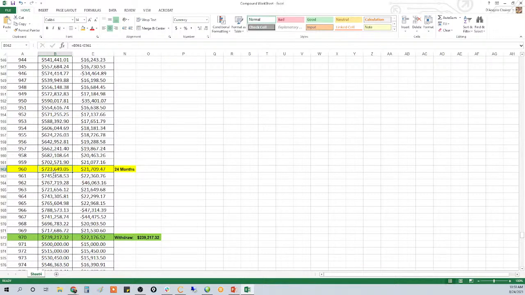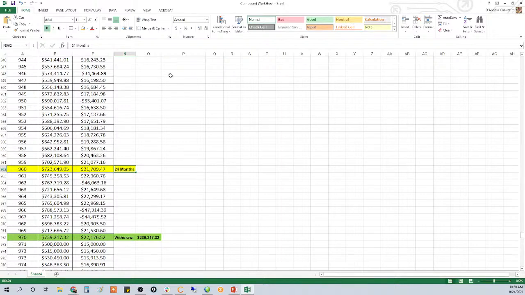If you cashed out right now, it would be more than that, 1.2 million and some change, because you would have $723,649 and about 500,000 that you've already withdrawn. So 500 and 700, that's $1.2 million. 24 months, you have $1.2 million that you could stop right now and just have. That would be stupid, because it's worked for 24 months. Why would you stop?